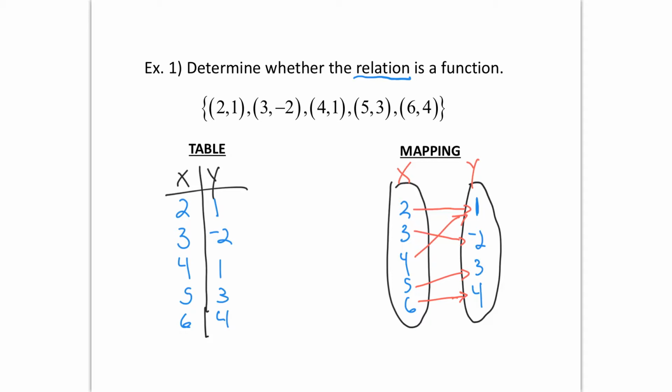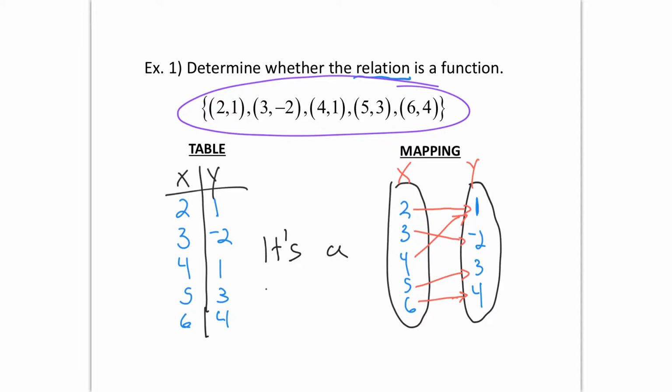So I'm going to say this relation, the one I have up here, which is the same as the table and the mapping, is a function. It's a function because in the table the x's are not repeating, and in the mapping, each x only has one arrow going out.